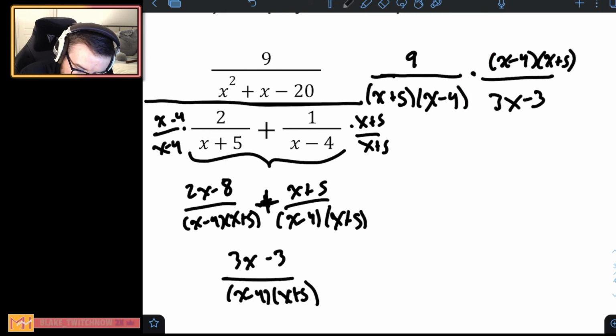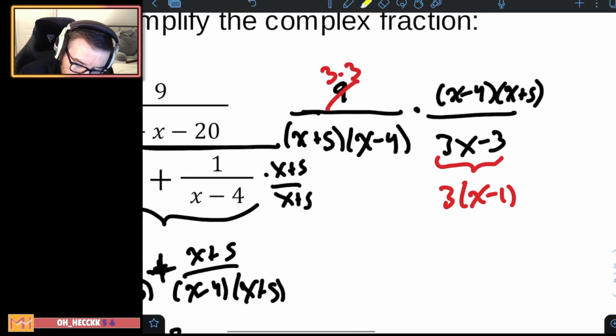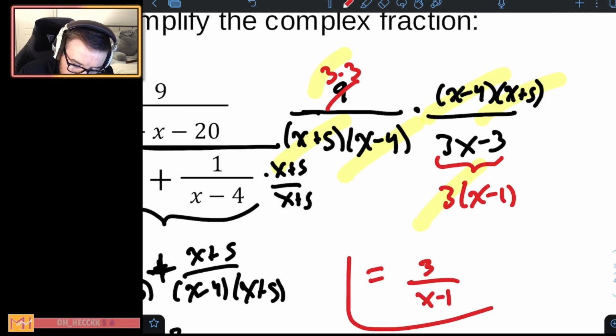So this right here can factor into 3 times x minus 1, and 9 is the same thing as 3 times 3. Clearly, this is the same as that, and this is the same as that. But we can also cancel out a single 3, and we're left with 1 3 in the numerator and x minus 1 in the denominator.